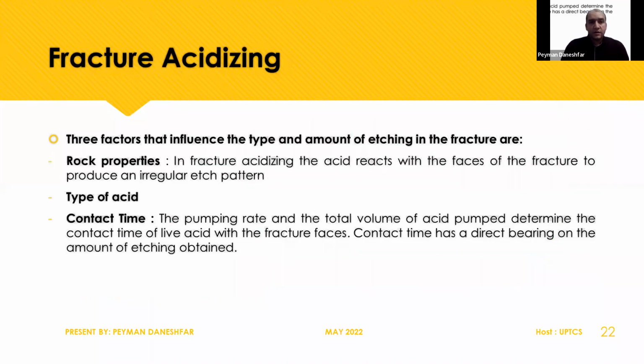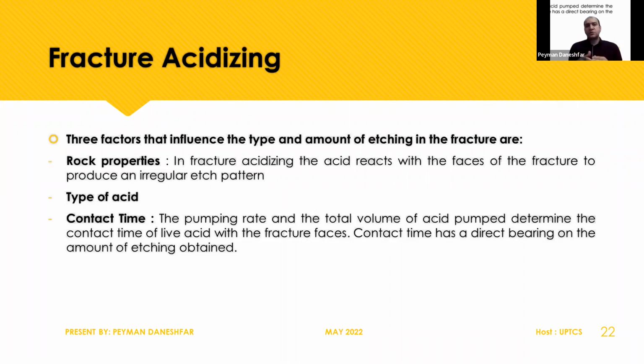If we want to design fracture acidizing jobs, some parameters are important for us, such as the rock properties, because we should know the elements of the formation, such as limestone, carbonate, dolomite, silt, sand, or anything.